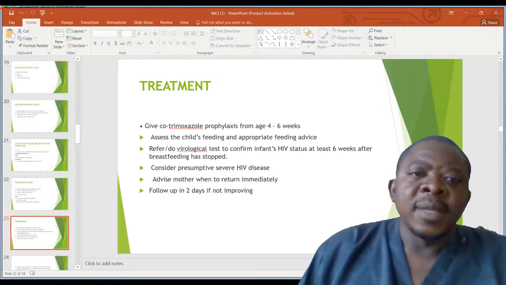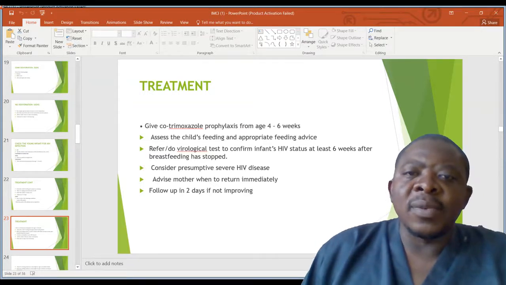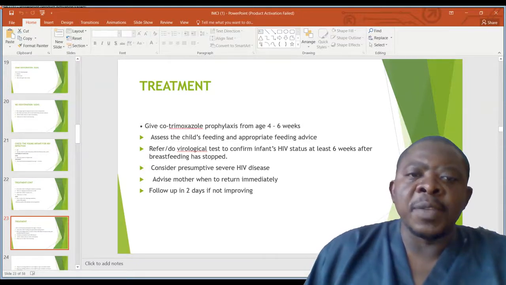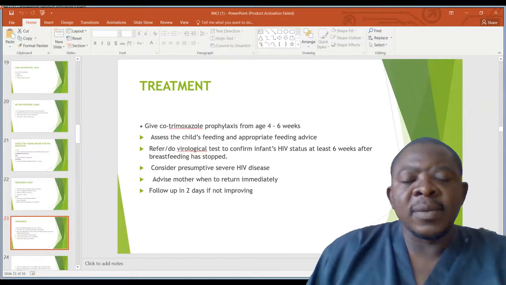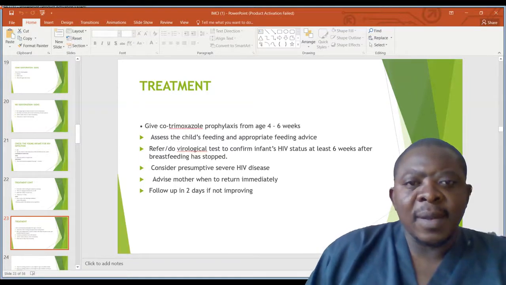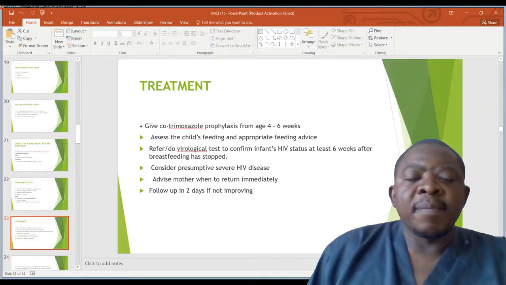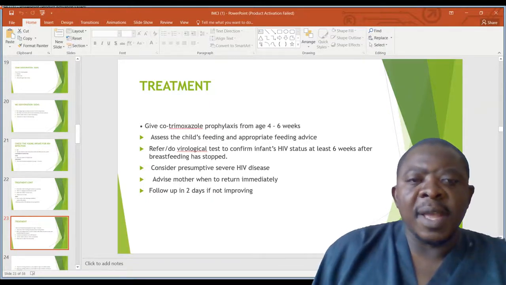You refer for virological tests to confirm the infant's HIV status at least 6 weeks after breastfeeding has stopped. This is to confirm if the baby has formed their own antibodies and they are positive, or the positive status was because of the antibodies that were from the mother.